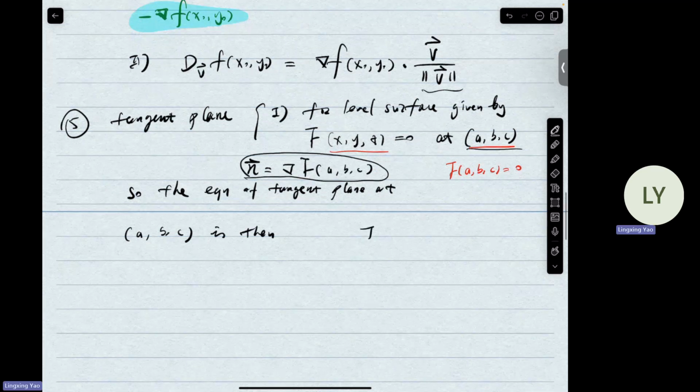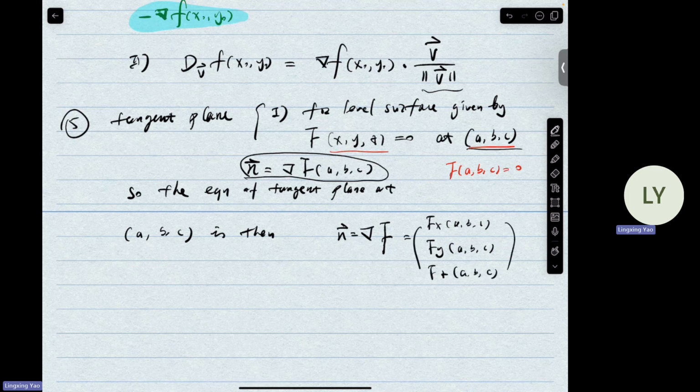I remember this normal vector is indeed partial F partial x at ABC, partial F partial y at ABC, and partial F partial z at ABC.